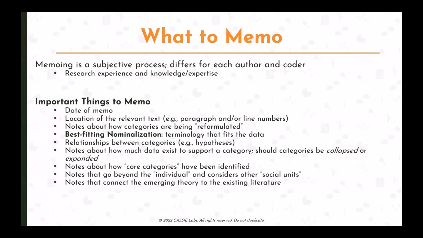It may not happen so much at the beginning, but later on, when you have more experience coding data, you might start to see connections to prior research that you've done or prior literature that you expose yourself to. For example, when I'm reading something, I might think, oh my God, this kind of reminds me of social dominance theory. Why? Because social dominance theory is a big theory that I'm familiar with, but it comes from social psychology.